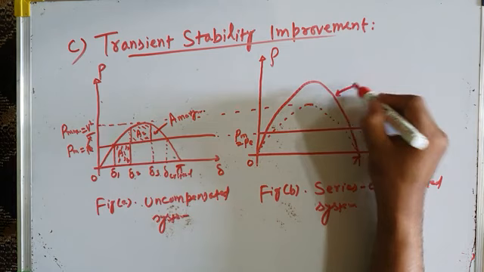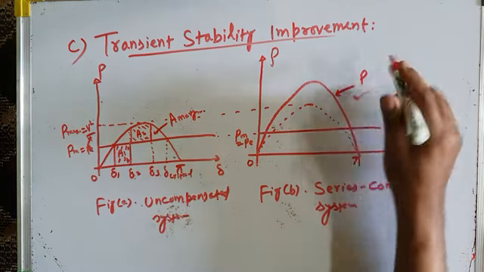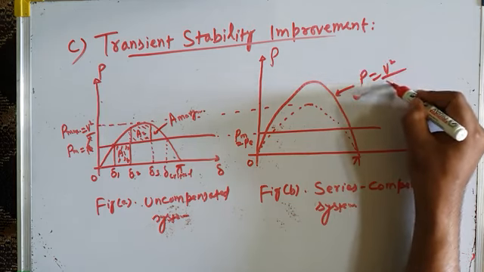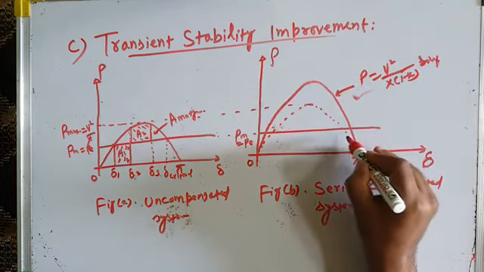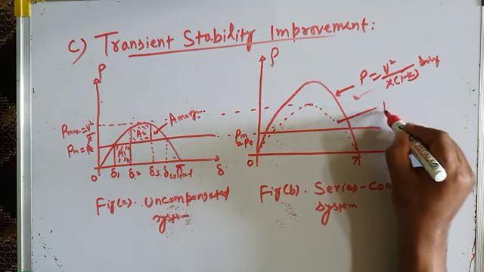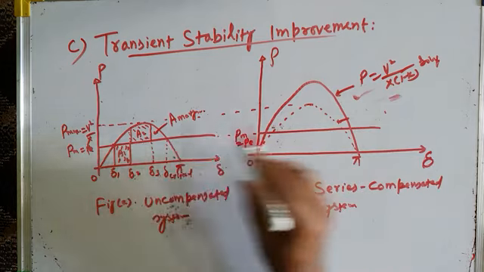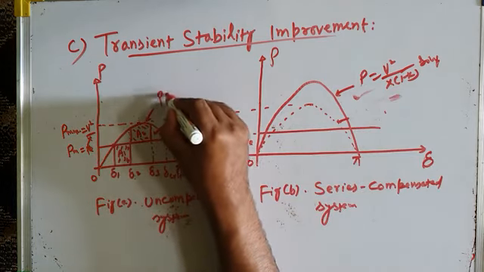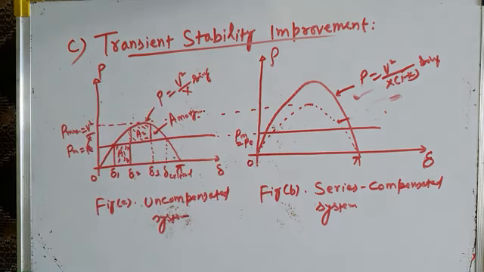This power here is given by P equal to V square by X into 1 minus K sine delta, and this is the uncompensated line. Here power is given by V square by X sine delta, right?